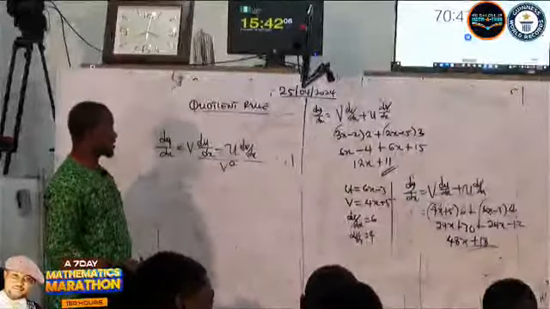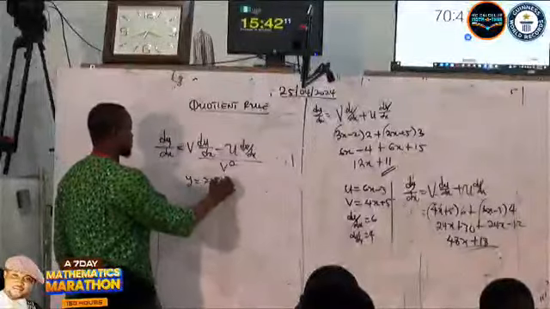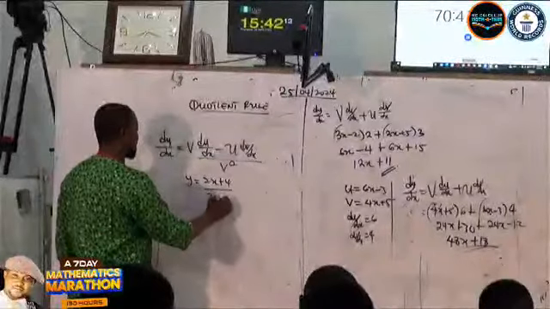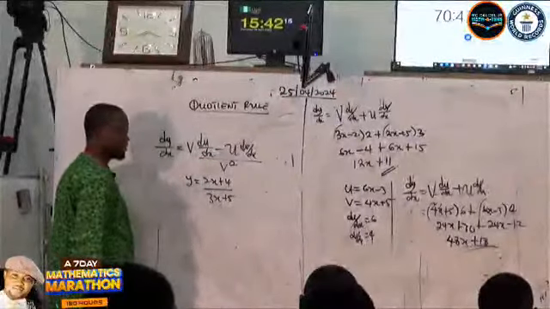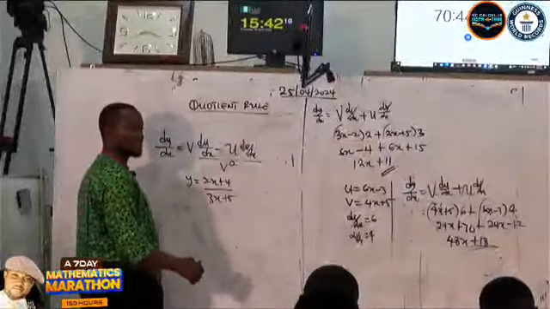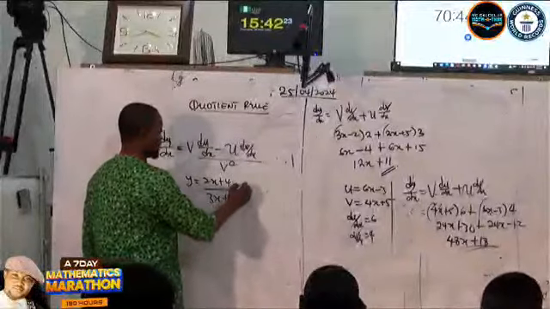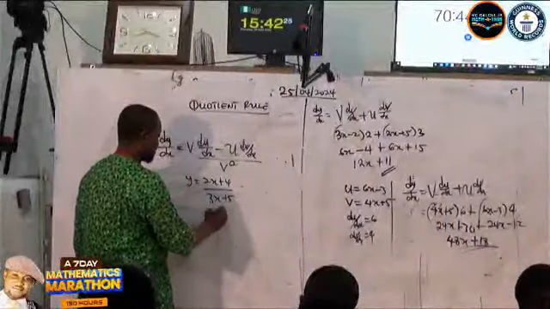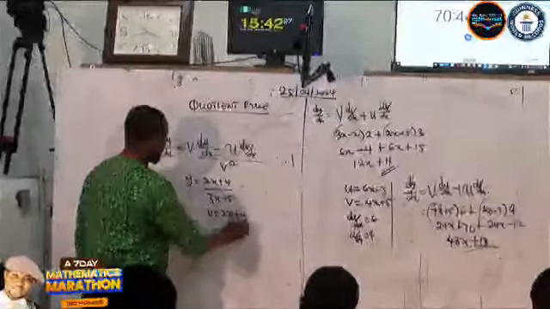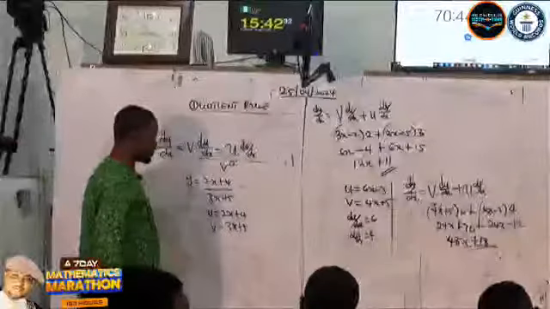Now, this is the case that you have, maybe like you have y equals 2x plus 4 over 3x plus 5, and you have to differentiate. So in this case, what happened? U is equal to 2x plus 4. V equals 3x plus 5.